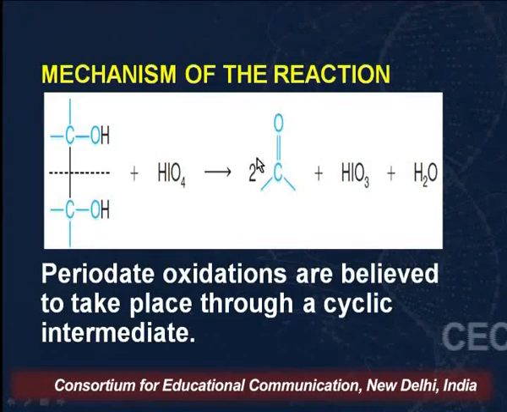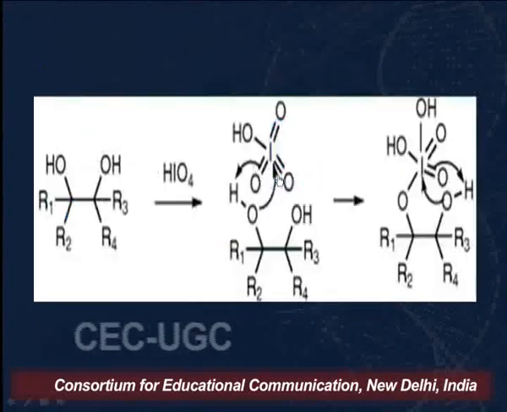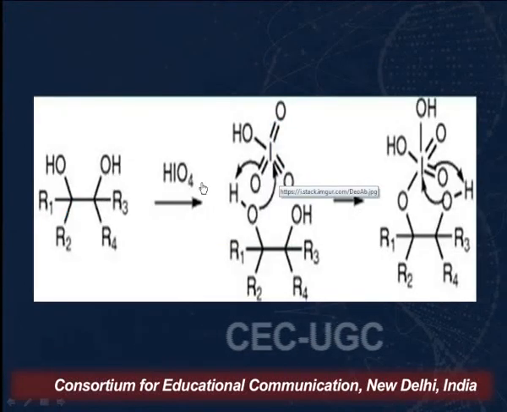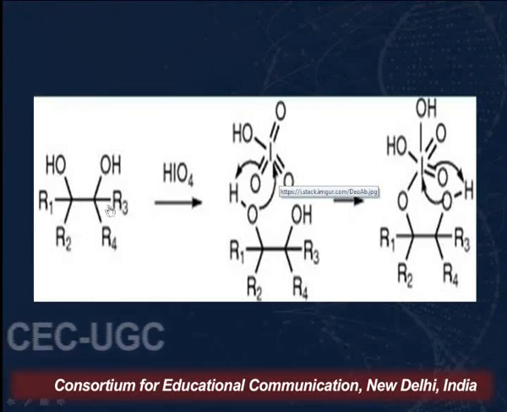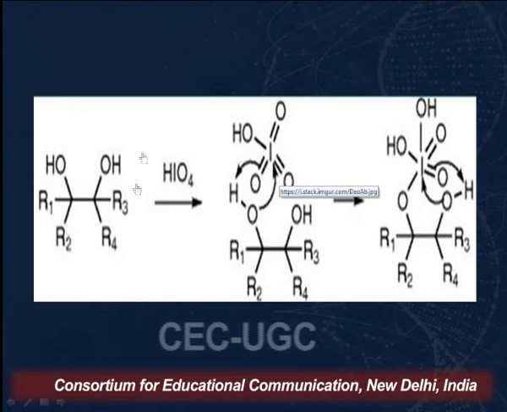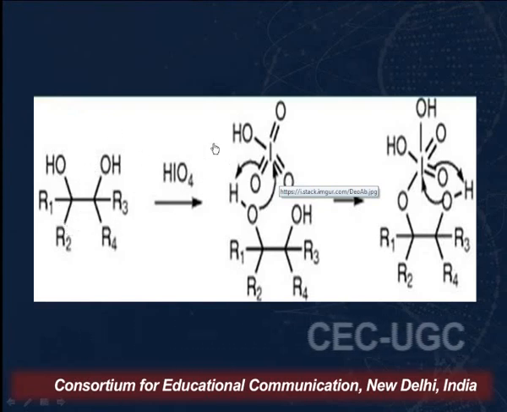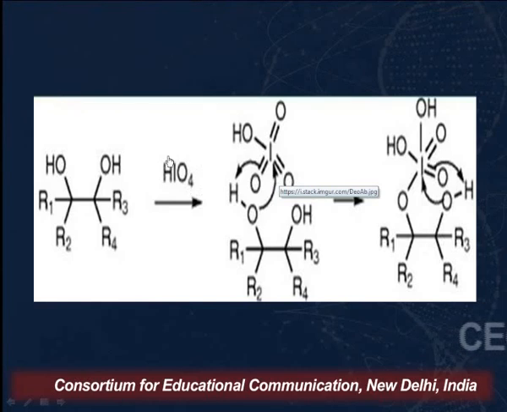But before going on to that, let us see the mechanism of the reaction. In this reaction, it is believed that a cyclic intermediate is formed. In this case, I have assumed that R1, R2, R3 and R4 are hydrogens. That is, we are carrying out the reaction of ethylene glycol with HIO4, that is periodic acid.